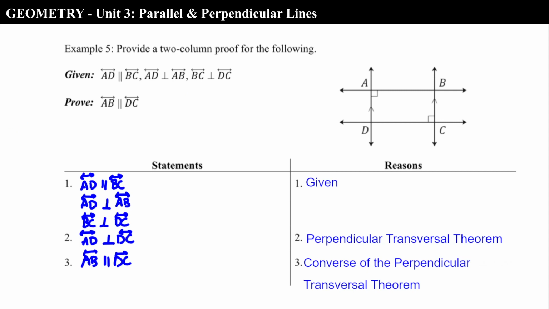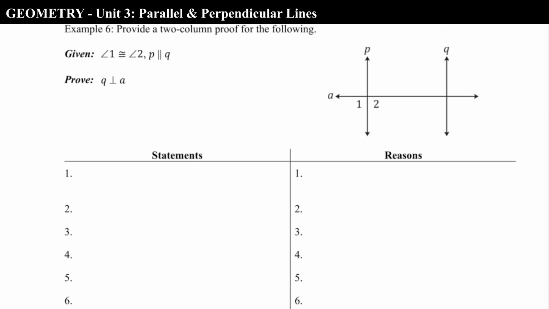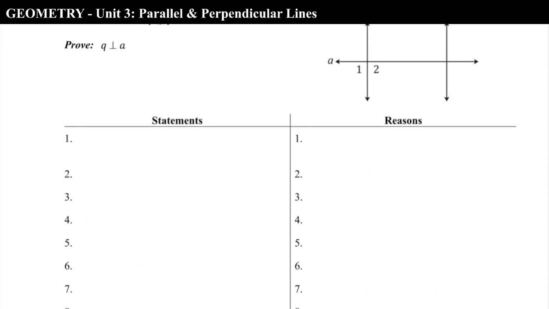All right, let's take a look at example 6. So we're going to have 8 steps in this proof. And the first one, as always, we are going to write down our given. We're told that angle 1 is congruent to angle 2 and that P is parallel to Q. And that is our given. Okay.